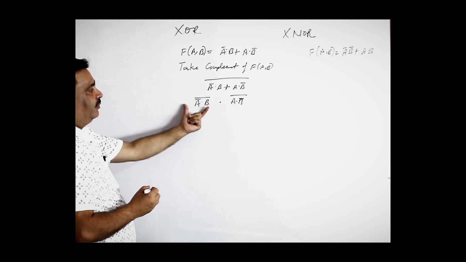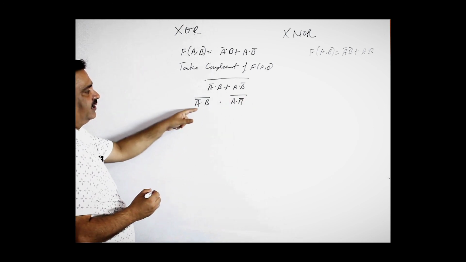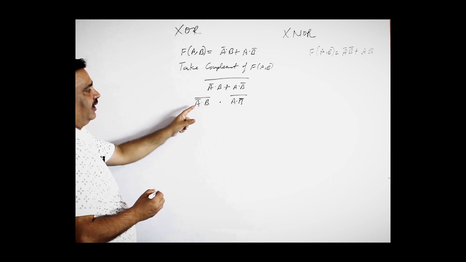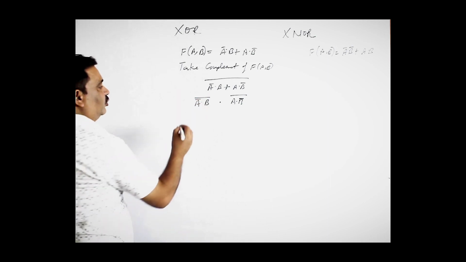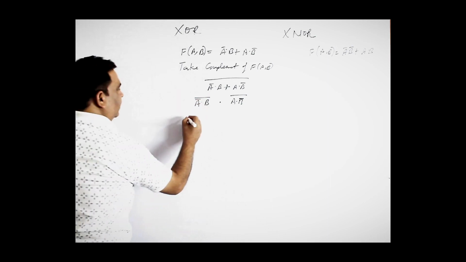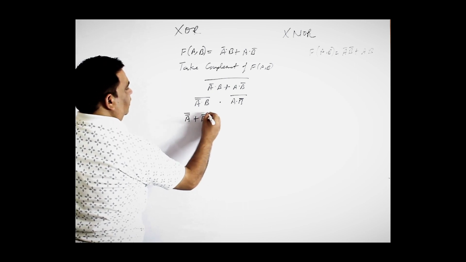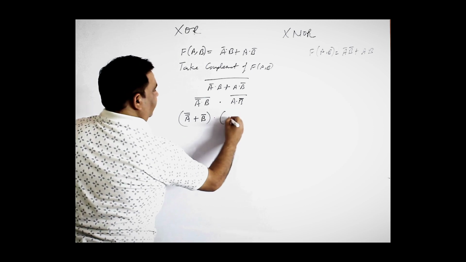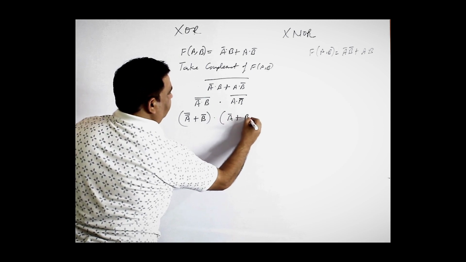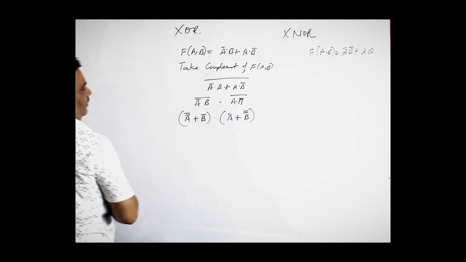Now again apply De Morgan's. Consider A complement as X and B as Y. X dot Y whole complement should be X complement plus Y complement. So here it should be A double complement plus B complement, dot, in the same way, A complement plus B double complement.